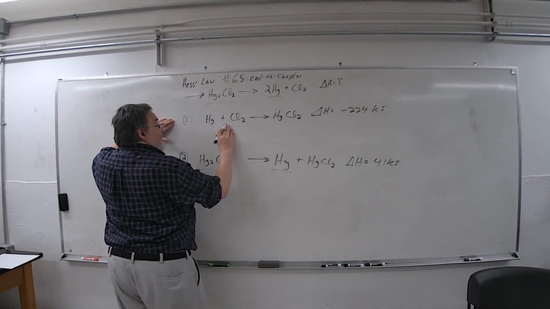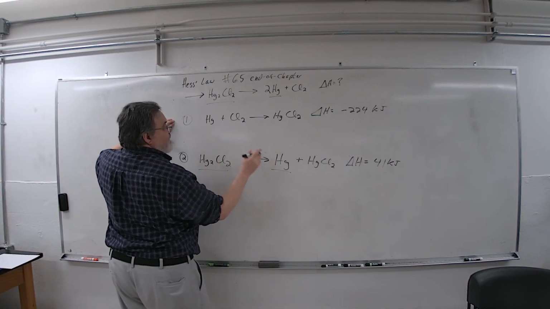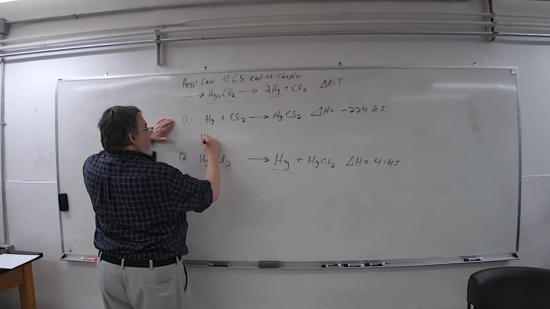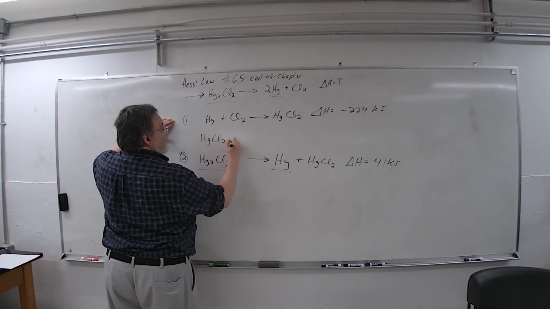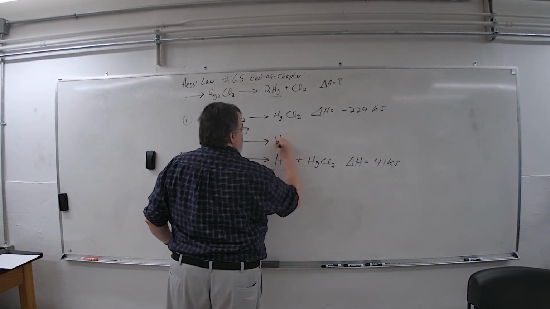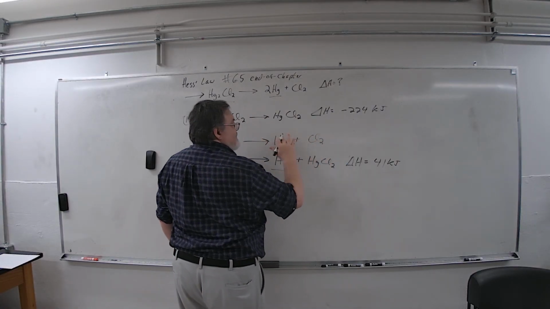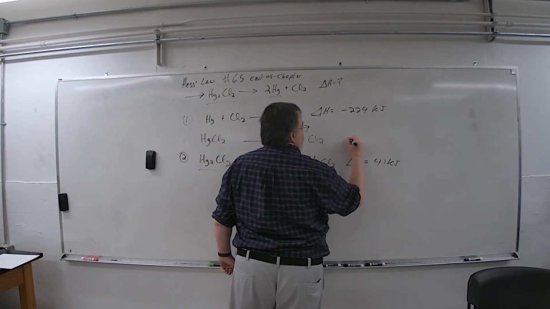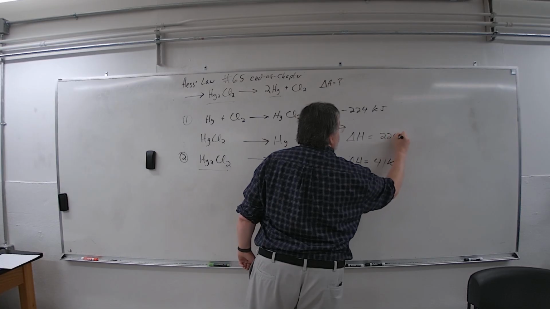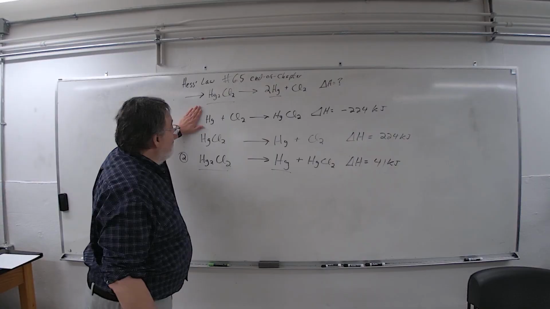I've got Cl2 on the left side, so now I'm going to flop this one around backwards, like I did this one, so I can get Cl2 on this side. So let me do that real quick. HgCl2, that's this, and now I'm going to put Hg and Cl2. And since I flipped it around backwards, I'm going to change this sign. Delta H equals 224 kilojoules. So I'll flop that one around backwards.